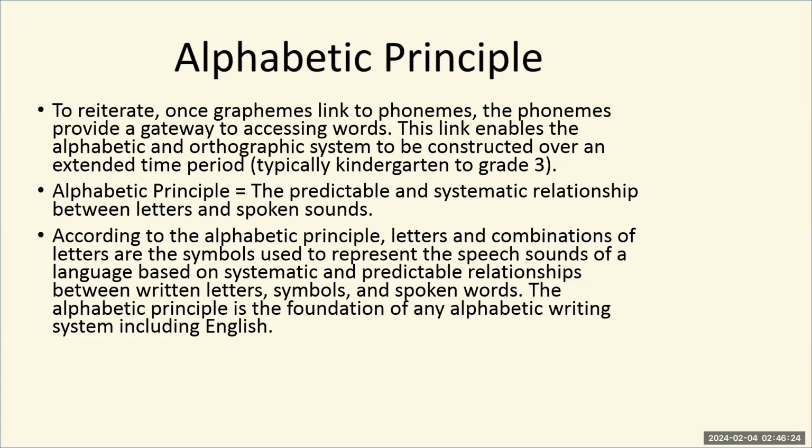The alphabetic principle is the foundation of any alphabetic writing system, including English. So we are actually representing with print the way that we speak, or the sounds that we speak.